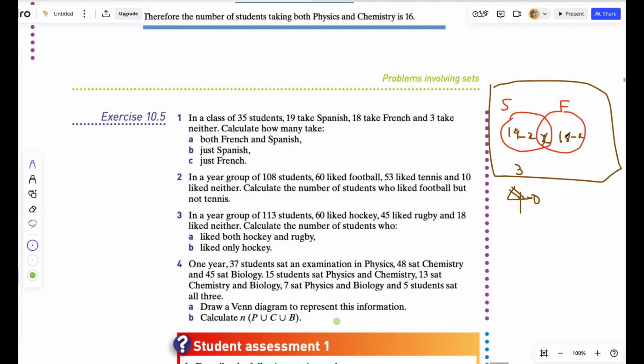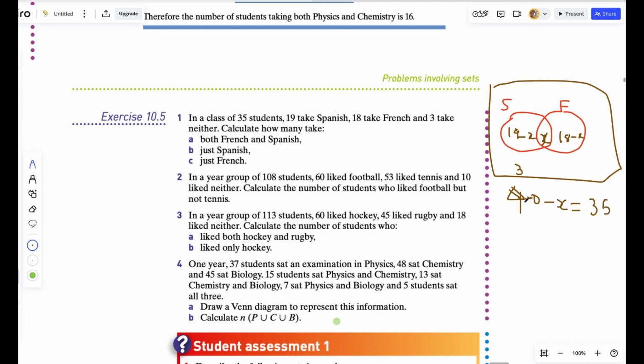This minus x, we cancel this plus x, and then plus this 3 outside, that's 40. So I have 40, minus x, equals 35. There are a class of 35 students, all the students in the class.